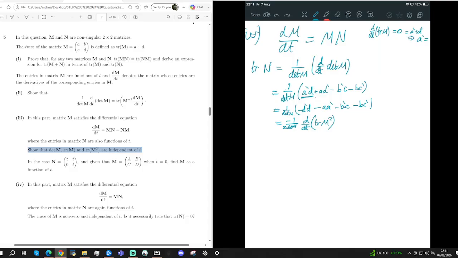And I'm flip-flopping again between, am I trying to prove that the trace was equal to 0, or am I trying to show there's a counterexample? There's somewhere with the trace not being equal to 0. Trace being independent.